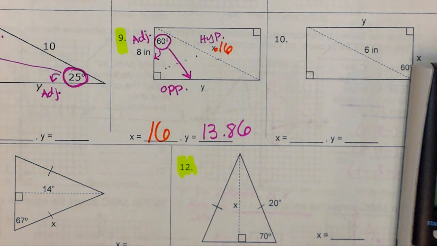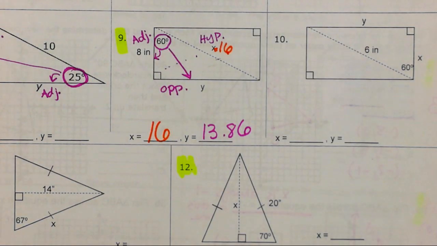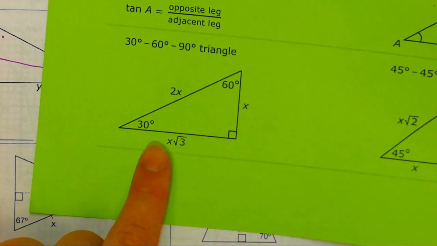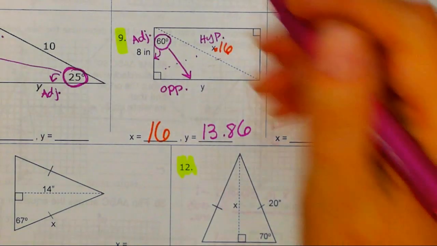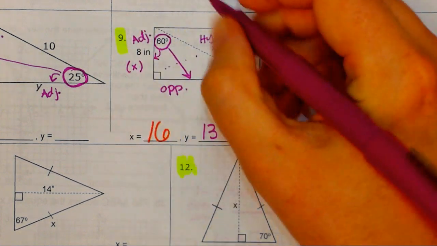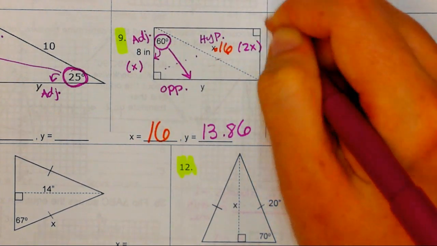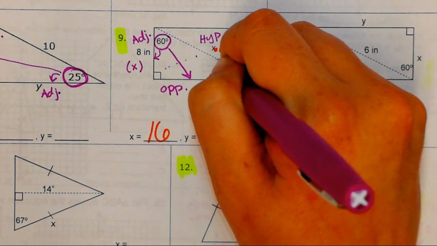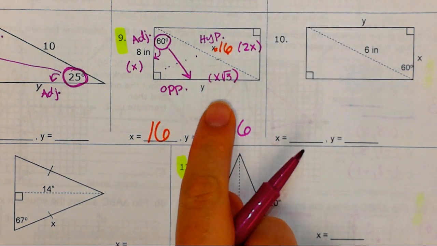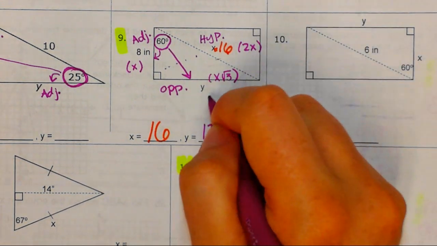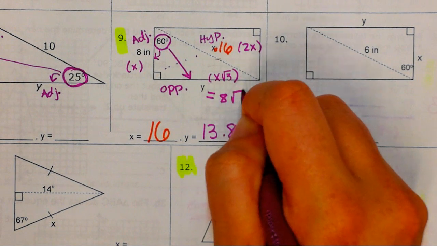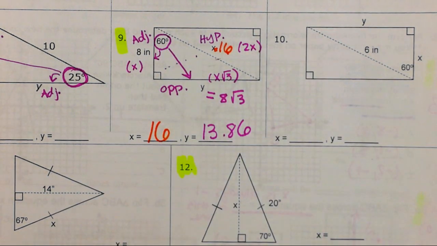I want to point out that if you are aware of your special right triangle rules, so like my 30, 60, 90 rules, then this is representing our x, this is representing our 2x, and this is representing our x square root 3. So if I wanted to be precise, the real value here is 8 square root 3.